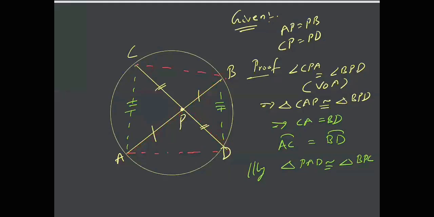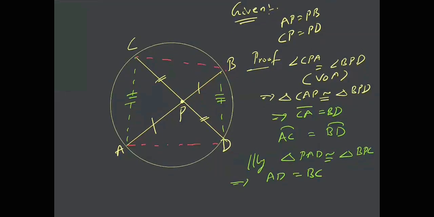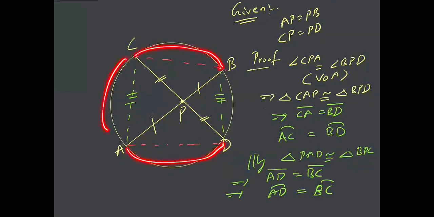So this will imply that this AD must be equal to BC. Okay, this is line segment or the chord AD. So if the chords are equal, then the arcs are also equal. So the arc AD must be equal to arc BC. Okay, so arc AD is equals to arc BC, whereas arc AC is equals to arc BD.